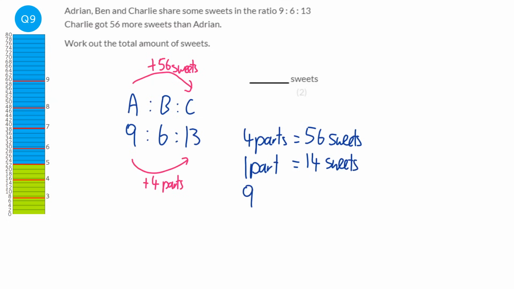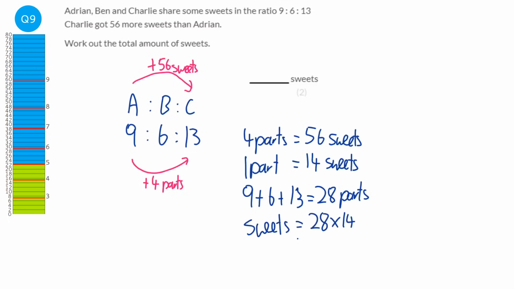Well, there are 9 plus 6 plus 13 parts, which is 28. And each part is worth 14 sweets. So the total number of sweets will be 28 times 14. So 28 times 14 is 392.